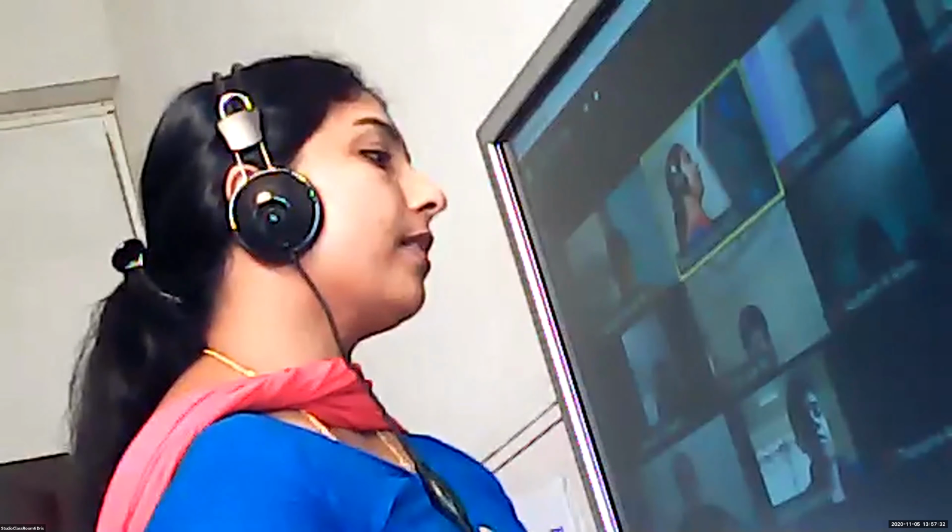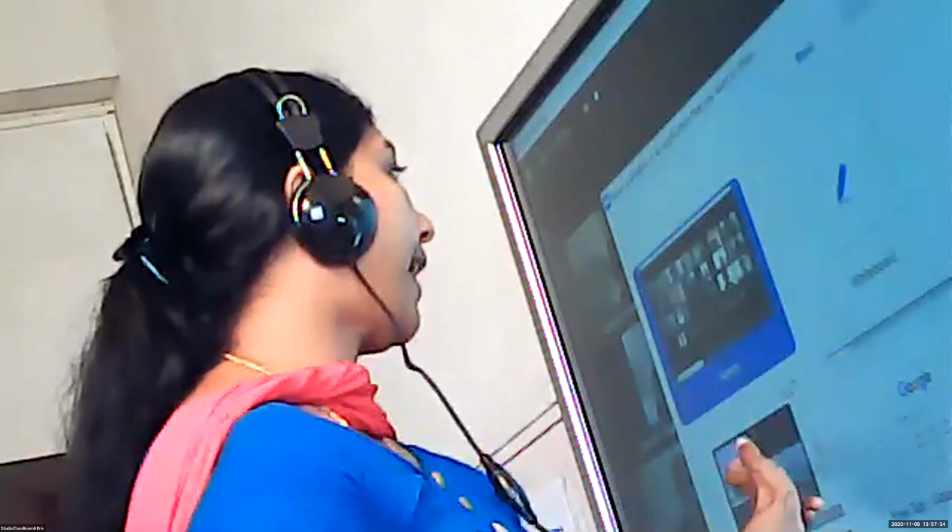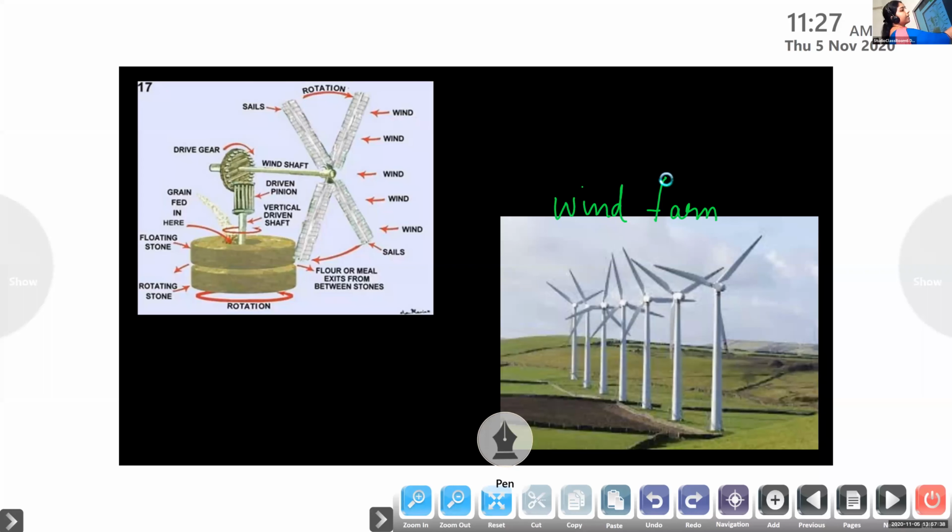Then how does it work? High speed wind turns these windmills, this fan with its blades. It is connected with a generator. When the high speed wind rotates the windmills, they turn the generator to produce electricity.